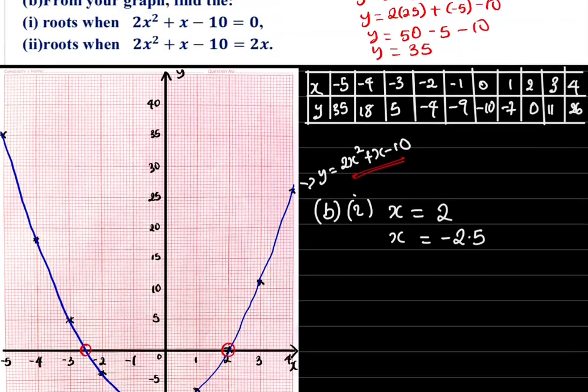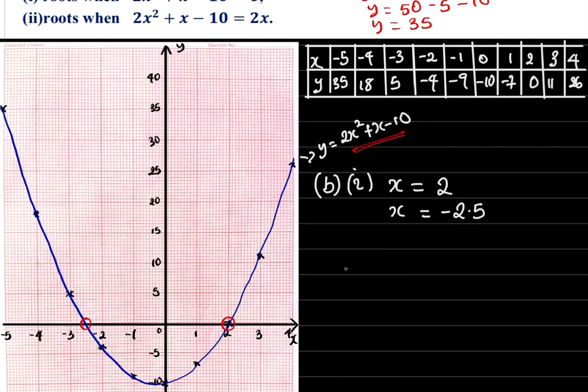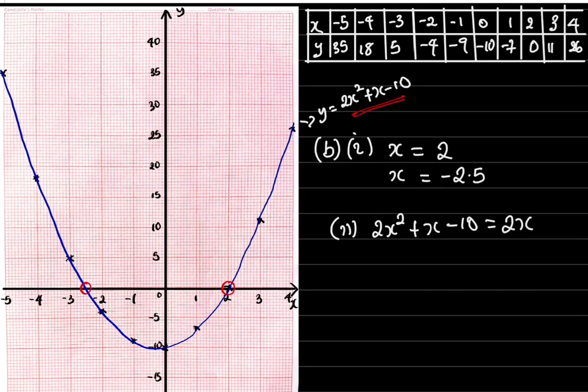All right. Now the next question says we should find the root when 2x squared minus 10 is equal to 2x. Now this is going to be interesting. So just pay attention. Now, since we have this, there is one thing that you need to know.